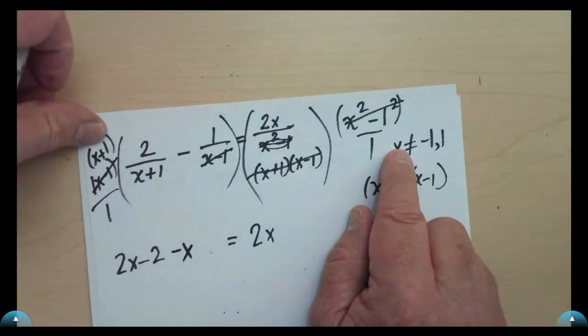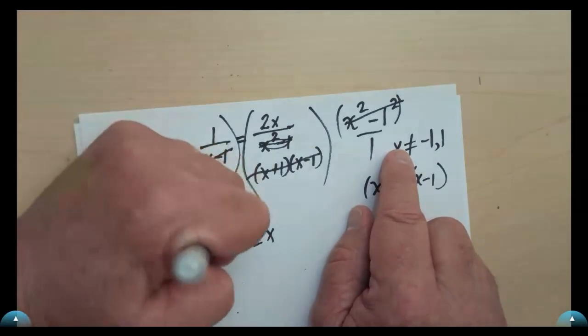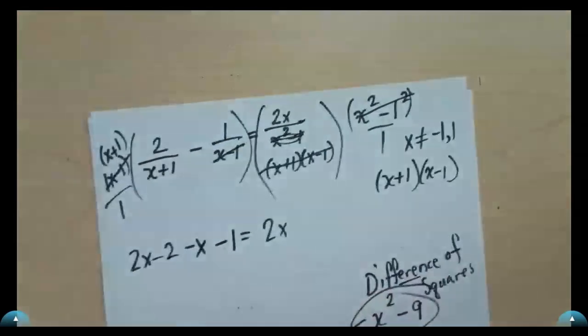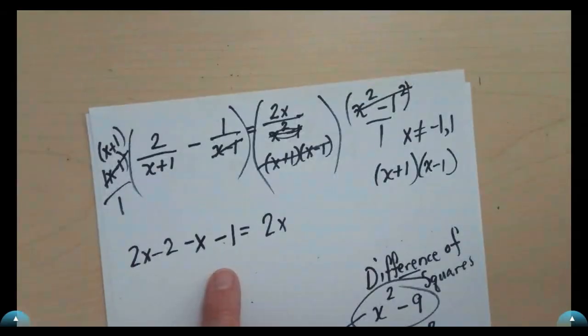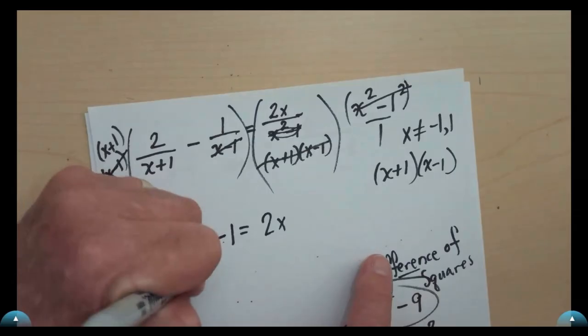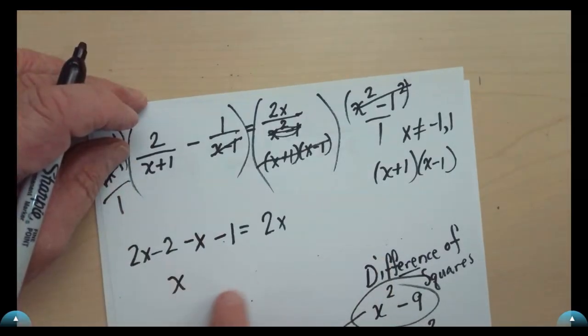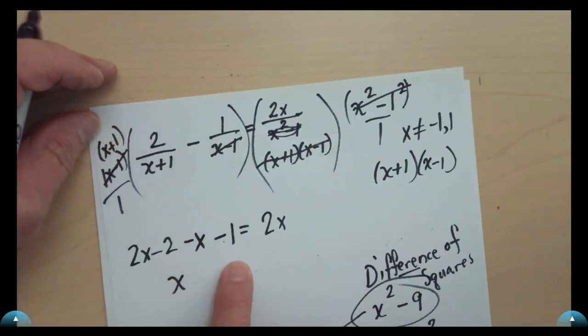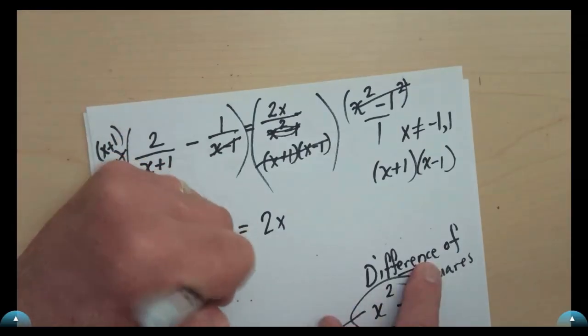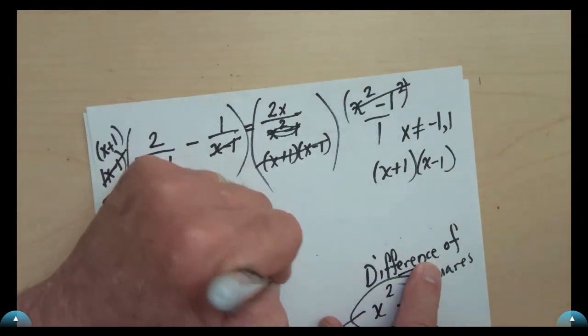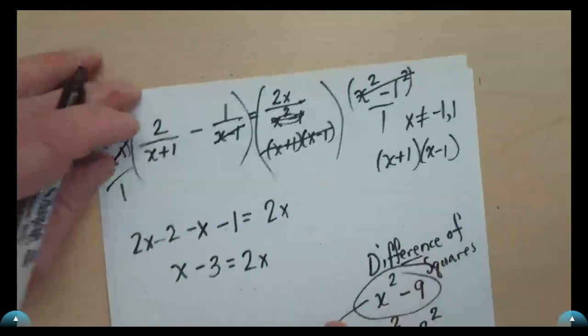And negative 1 times positive 1 is negative 1. And so now I need to simplify this left-hand side. 2x minus x is just x, or 1x. Negative 2 minus 1, be careful with your signed arithmetic. Negative 2 minus 1 is negative 3. So I get x minus 3 equals 2x.